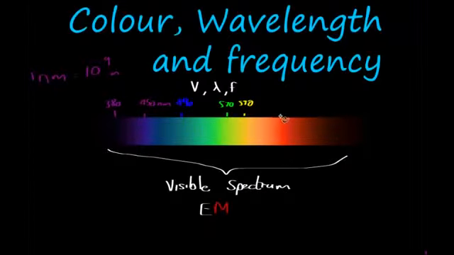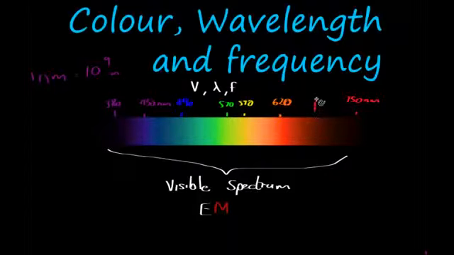And after yellow we have orange, and orange goes to about 620 nanometers, and then up to about 750 nanometers we have red.